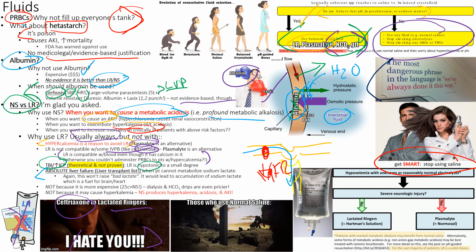Okay, and then absolute liver failure. People are saying you can't give it if someone has liver failure, because the lactate is converted into bicarb, or a bicarb derivative or a bicarb-like substance, and therefore if I don't have a liver, the lactate is going to go up. But it's not lactate, it's not lactic acid, it's sodium lactate. We'll point out the chemical situation on the coming slides, right?